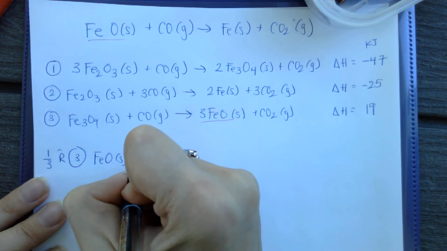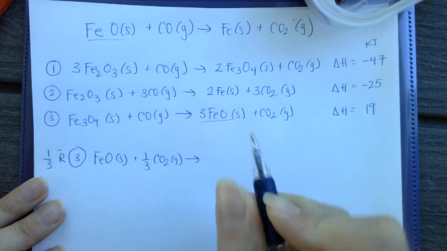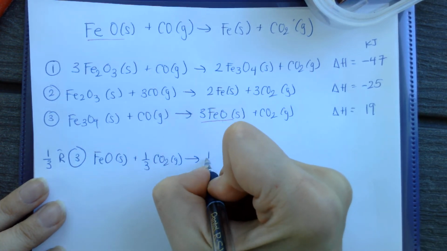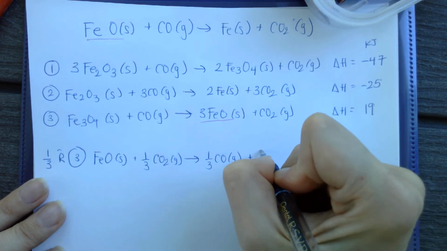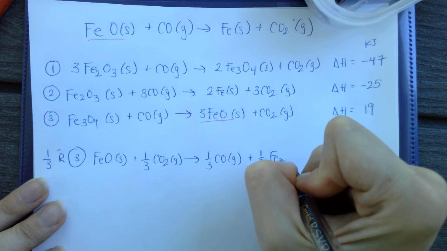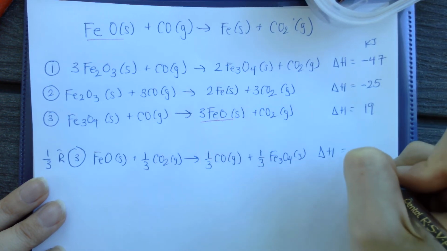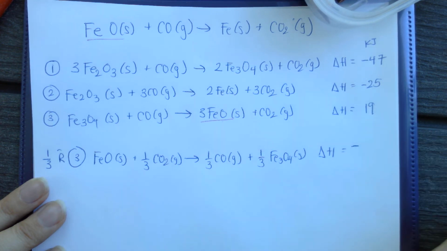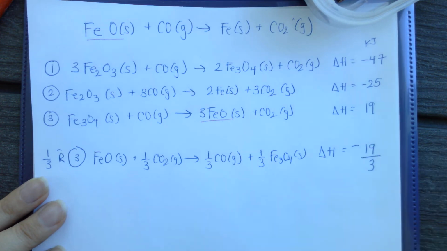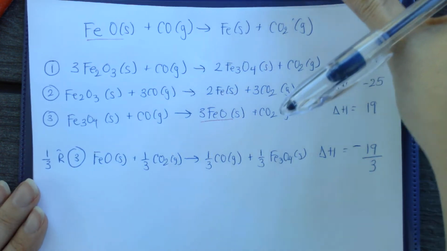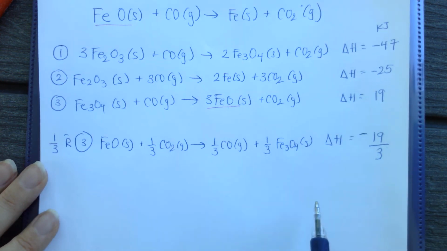My CO2 is going to turn into 1/3 CO2 gas. Over here, I'm going to have 1/3 CO gas, and 1/3 Fe3O4 solid. My delta H, I reversed it, so now the sign is negative. And then I multiplied by 1/3, so negative 19/3. That is my enthalpy for reaction 3.